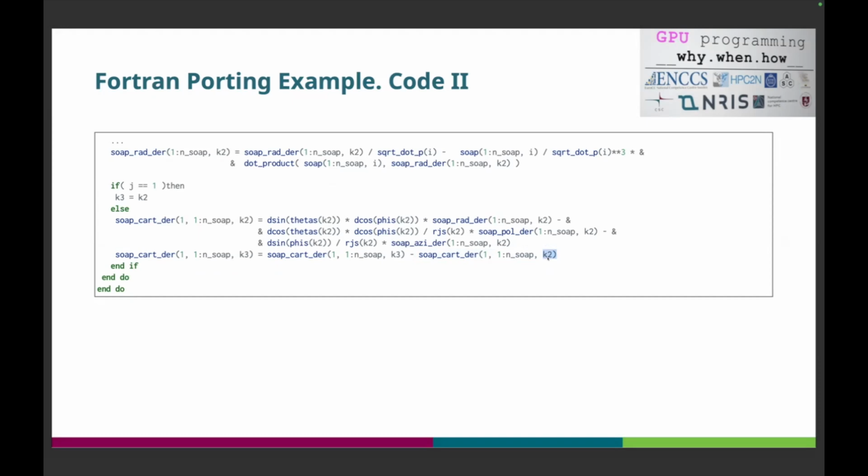it's not guaranteed that the thread that computes the part corresponding to K3 will read the actual value of this variable from the memory. Because we don't know what order things happen in on the GPU, we cannot impose a specific order.